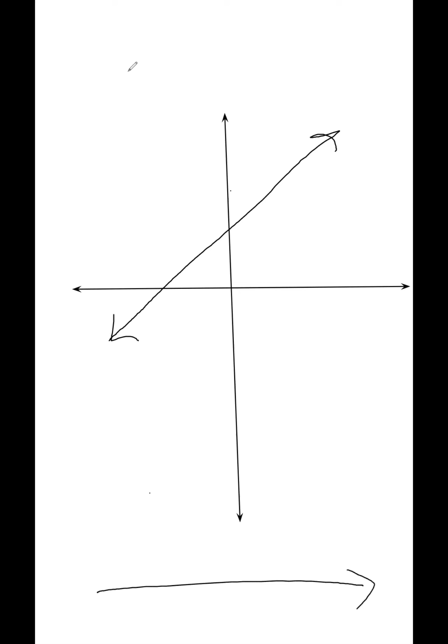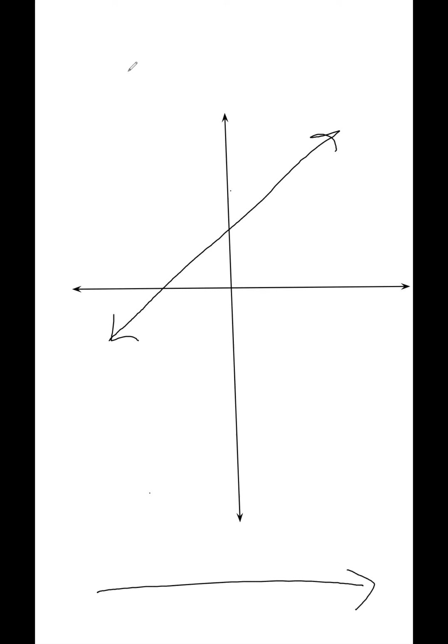The other thing I wanted to talk about was positive and negative slopes. All right, so let's say we have a linear line, and it's going like this. Remember that when we read graphs, we read from left to right, just like a book.